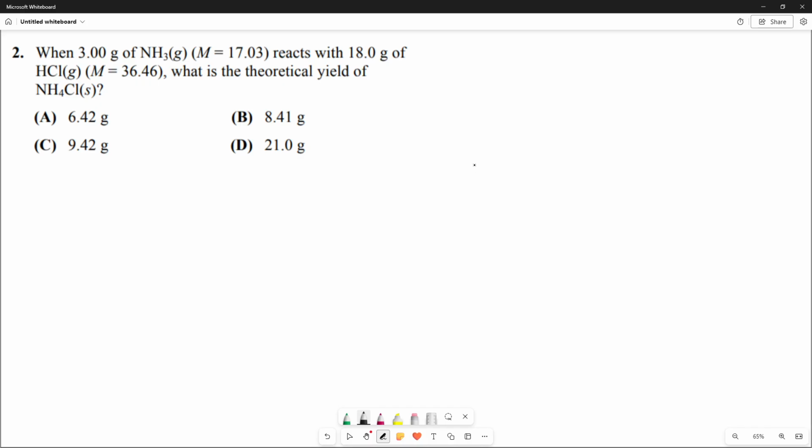Okay, so whenever you're getting a problem with something being yielded and you have reactants to products, you just want to write out the equation. So we now have NH3 plus HCl is going to form NH4Cl, a solid.